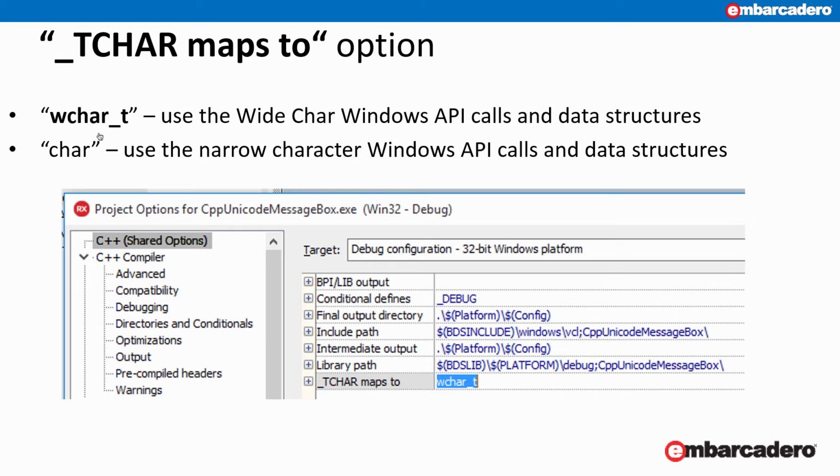Also, when set to wchar_t, the core header file, tchar.h, defines the macros for Unicode builds, and in writing code that can compile as ANSI or Unicode. We're going to take a look at the tchar.h header file in the next slide. So, for C++ code that interacts with the Windows API and VCL, it's better off having _TCHAR set to wchar_t, like we see here on this slide.